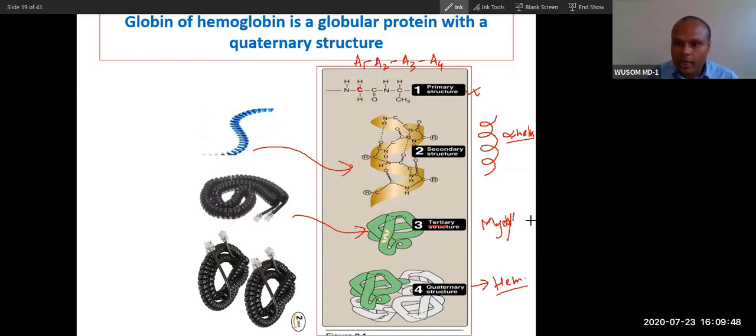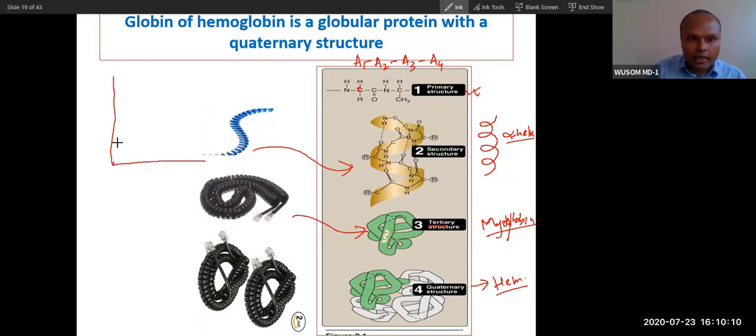So you have to understand this too. Myoglobin is a monomer with tertiary structure, and hemoglobin has quaternary structure, and this structure correlates very well with function. If you remember, I told you during the enzyme chapter that there are two types of enzyme.